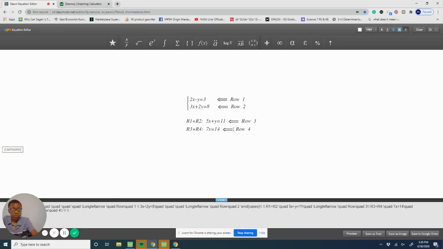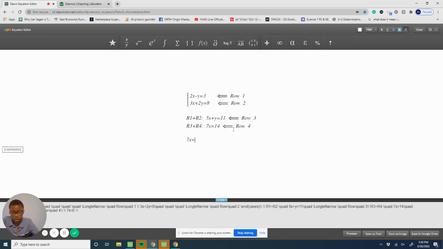So right, we've finally gotten to the point where the variable is isolated. So we now have 7x equals 14. And what we can do is basically divide both sides by 7. So let's start with that. 14. And we take both sides, right?